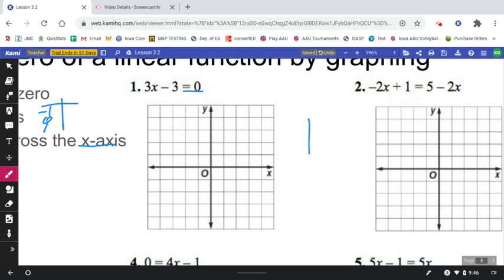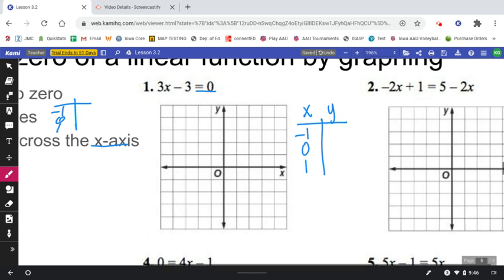Now I'm going to make a table of values using -1, 0, and 1.